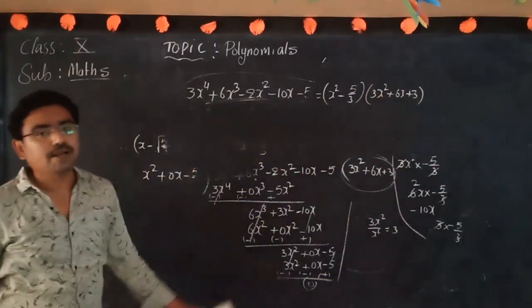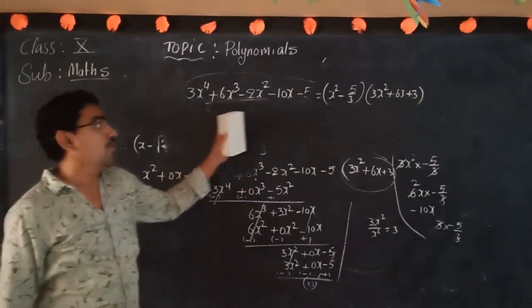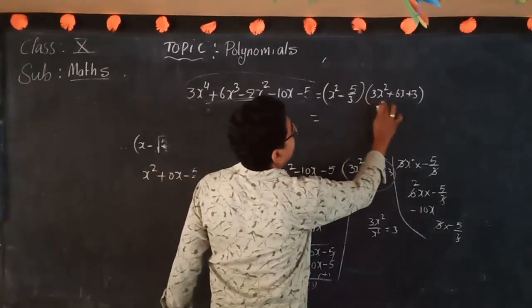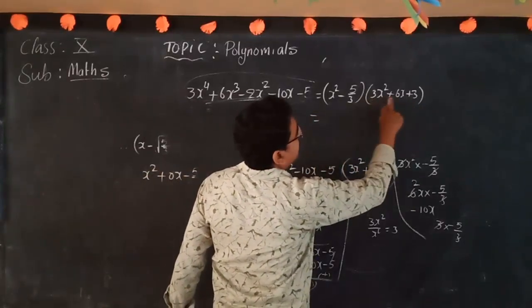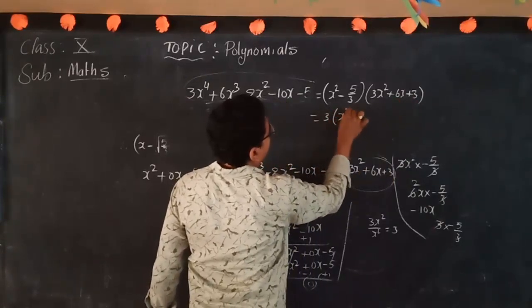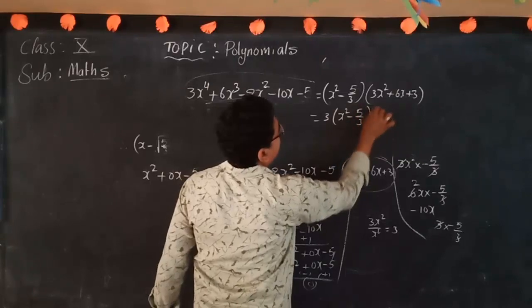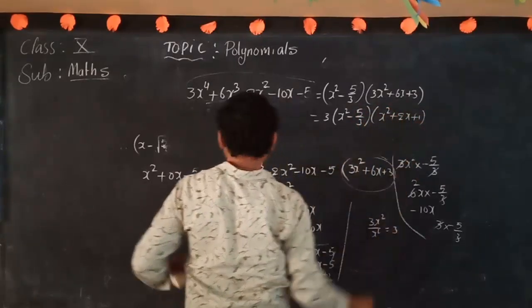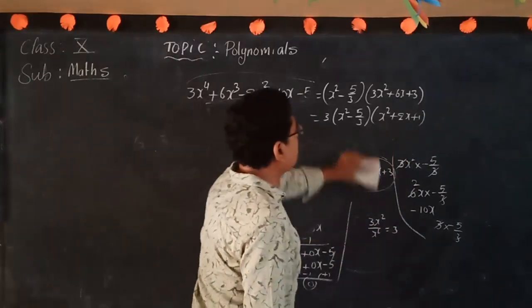The remainder is 0. From the second bracket I am taking 3 as common: 3 into x minus 5 by 3 into x square plus 2x plus 1.